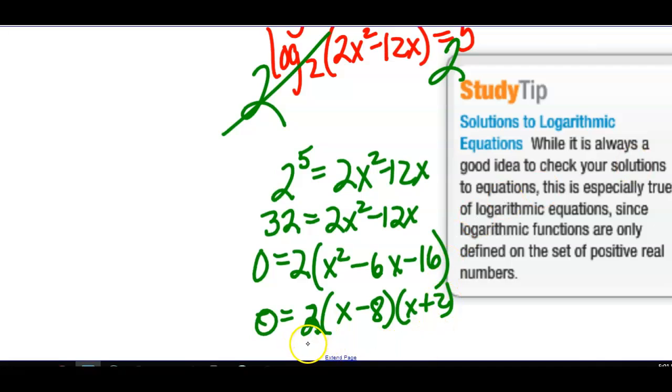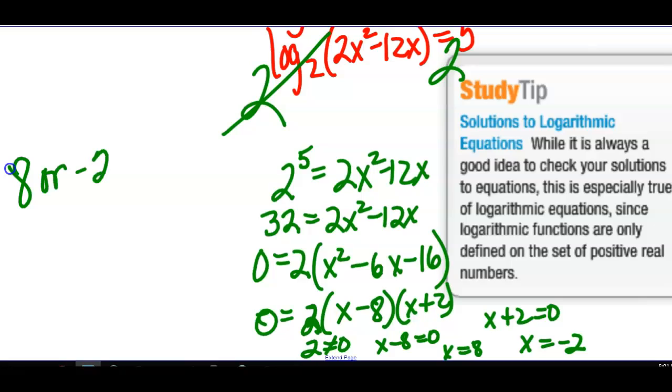All right, let me just write it down here. 2 cannot equal 0. x minus 8 equals 0 will make x 8. x plus 2 equals 0 will make x negative 2. So I have 8 or negative 2.